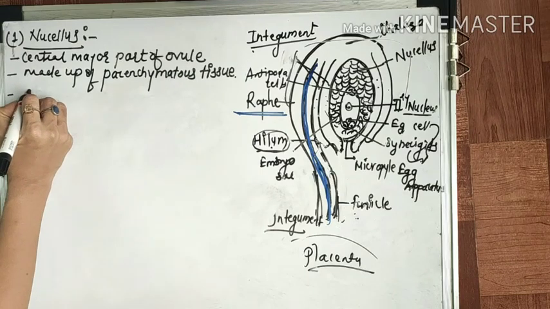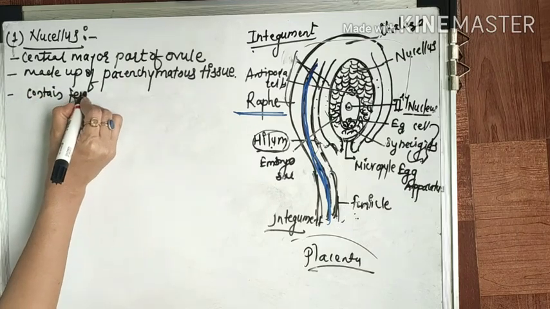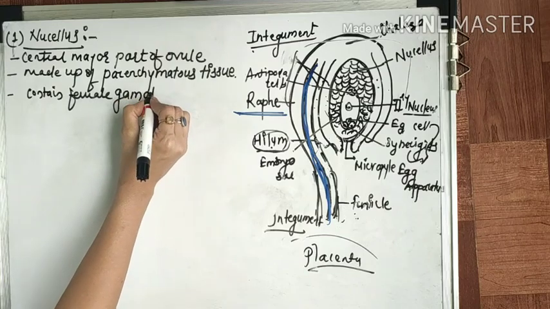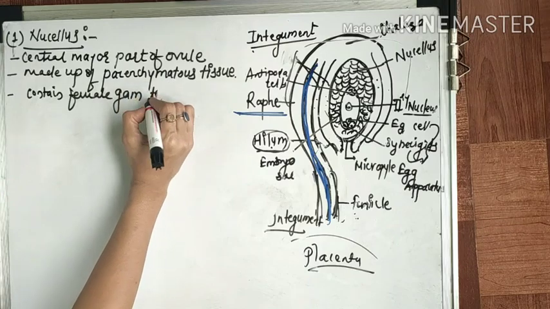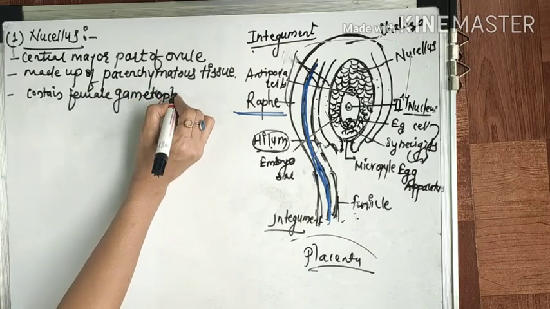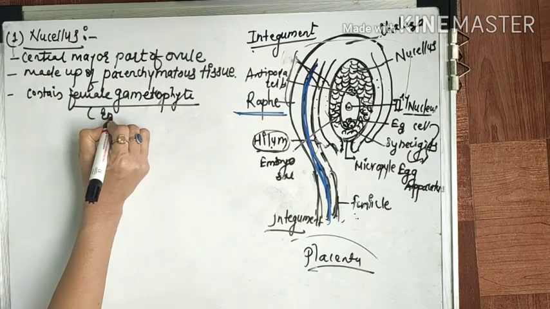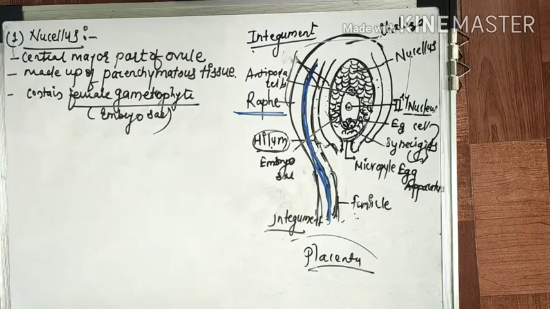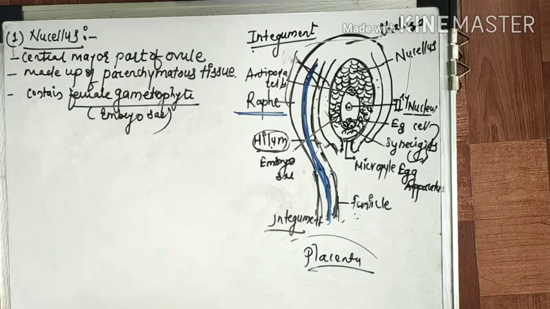Here the nucellus contains the female gametophyte, and that female gametophyte is also known as embryo sac.